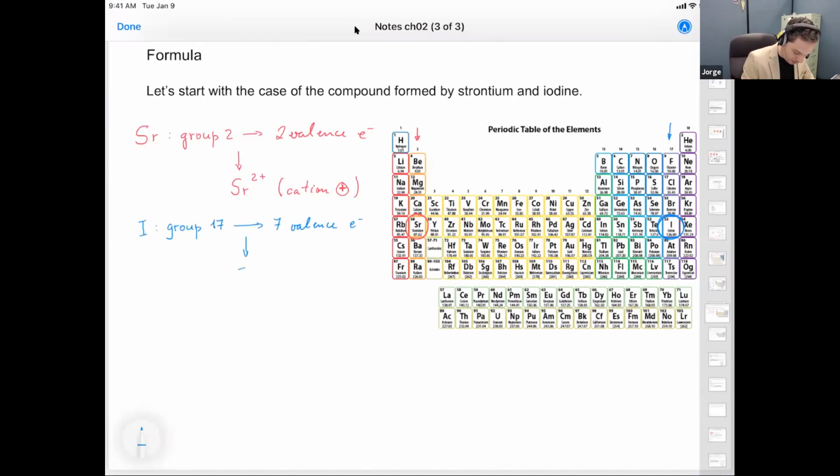Iodine, therefore, needs to gain 1 electron to achieve 8, and therefore it's going to get a 1 minus charge. And every time that we have an element with a negative charge, we will label this element as the anion part of the compound.